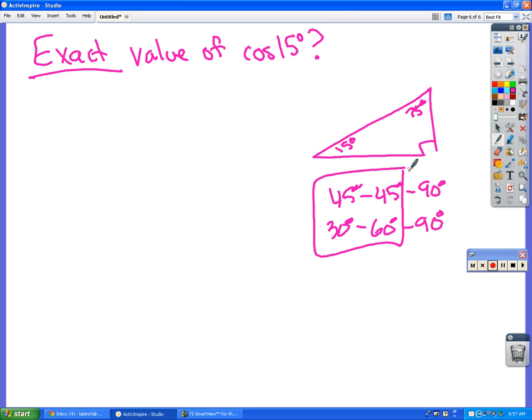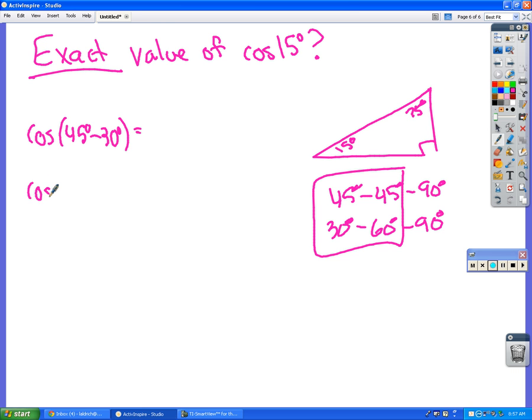45 minus 30. So instead of finding the cosine of 15, we're going to find the cosine of 45 minus 30. Okay? So what is the subtracting cosine formula? We're not in any mode because we're not using our calculator.